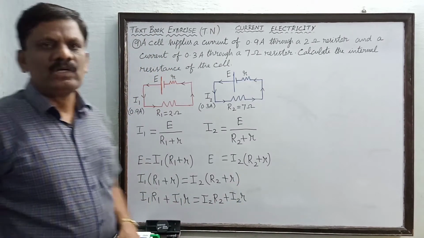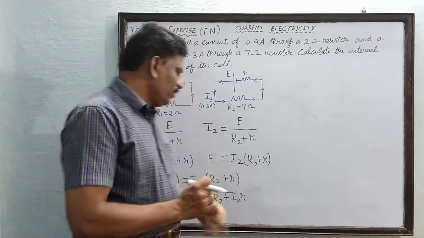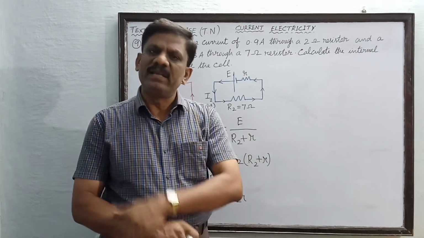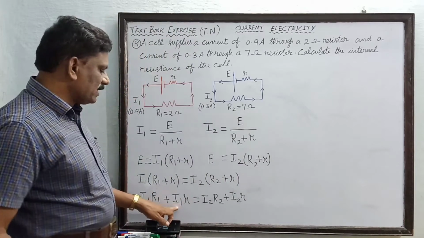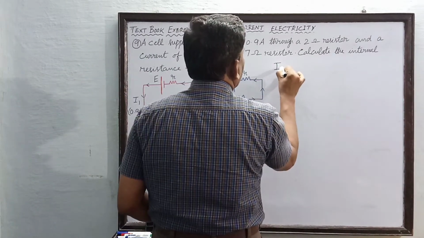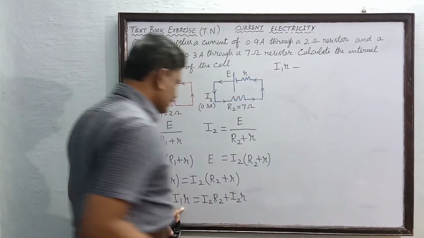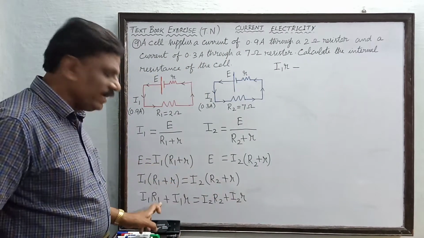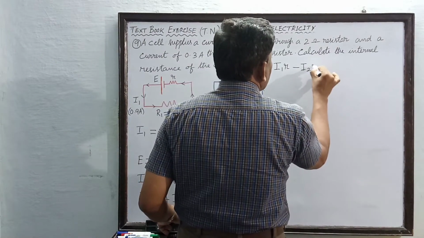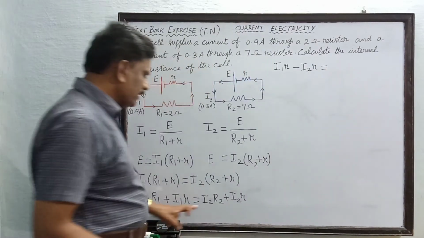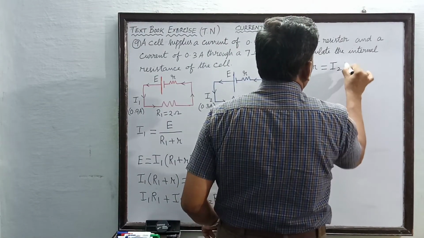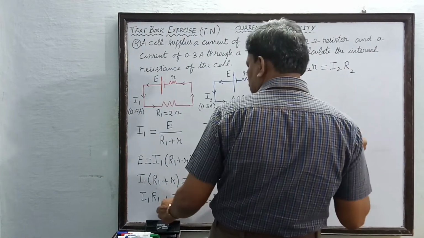Now we want to get the value of small r, so all the small r terms I will group on the left hand side. Already there is I1 into small r on the left hand side. So I2 r is taken to the left side and it becomes minus I2 into small r. On the right hand side there is I2 R2, so this is I2 R2 minus I1 R1.